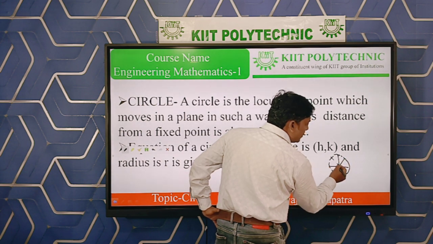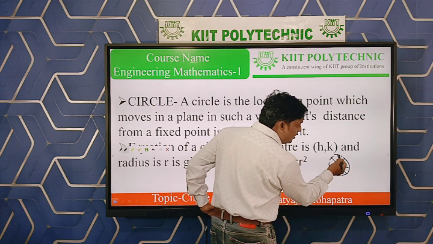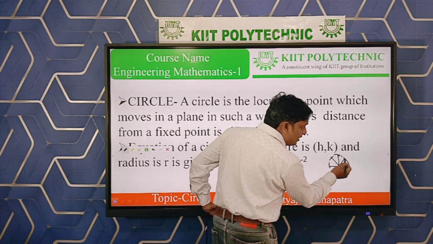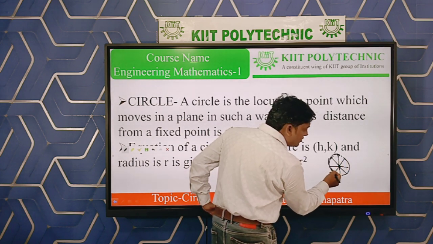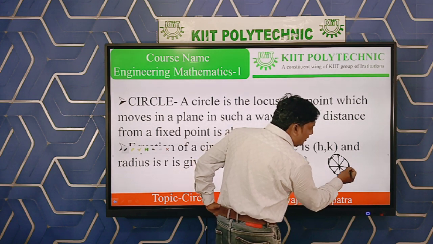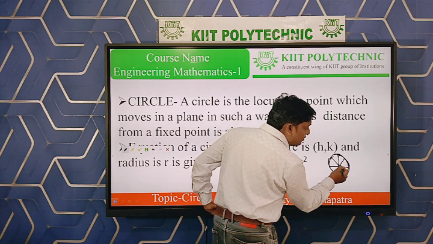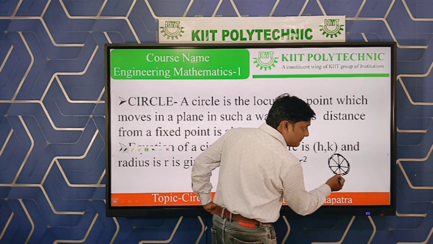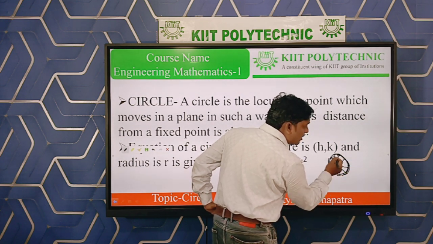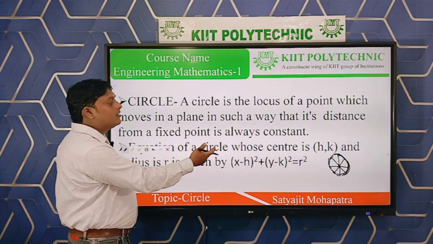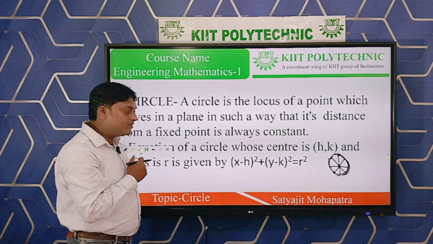If you collect all these points which are at the same distance from a fixed point, the locus, the collection of all these peripheral points, will give you a circle. This is the circle, and you can get a circle by the collection of all those points.